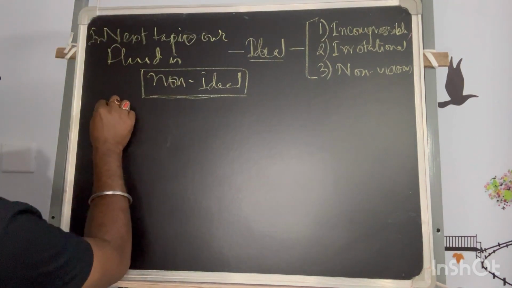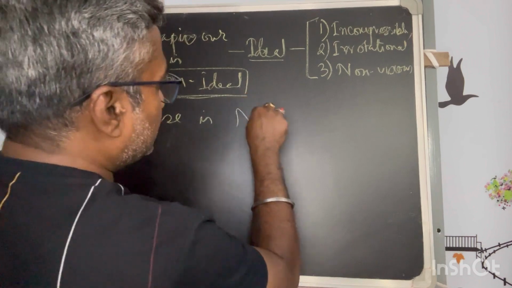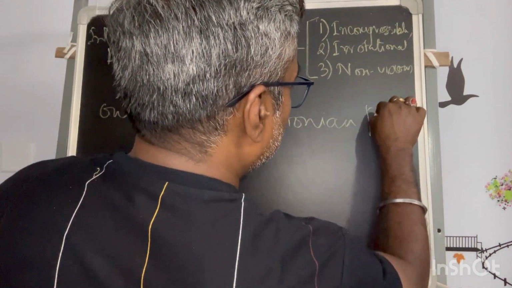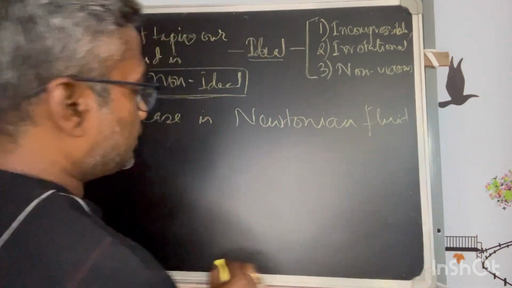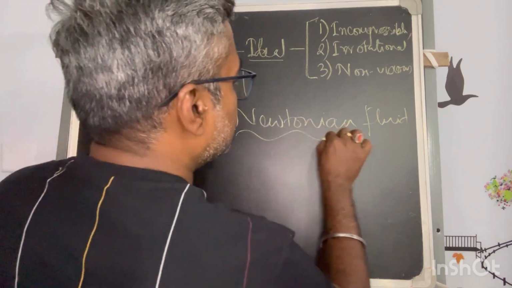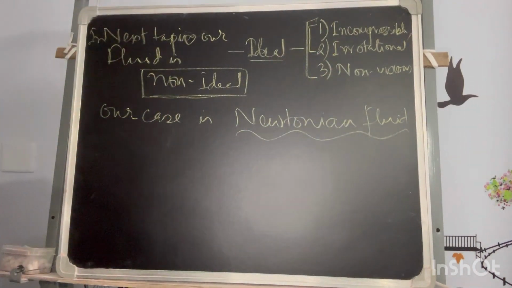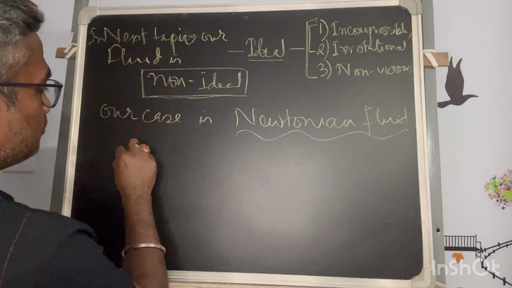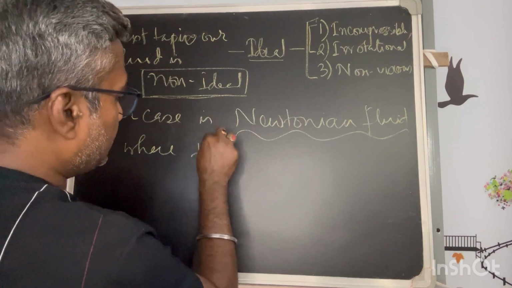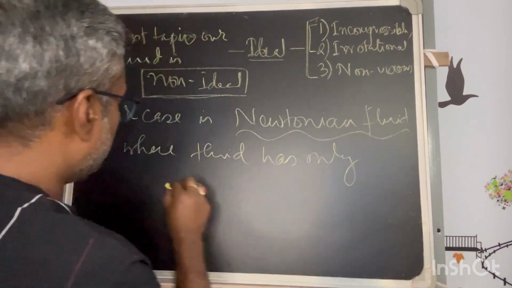Out of that, our case is Newtonian fluid. So we'll confine ourselves further to only a few deviations. What are those deviations? Newtonian fluid says we are keeping these two parts intact. We'll only talk about Newtonian fluid, where the fluid has only viscosity.